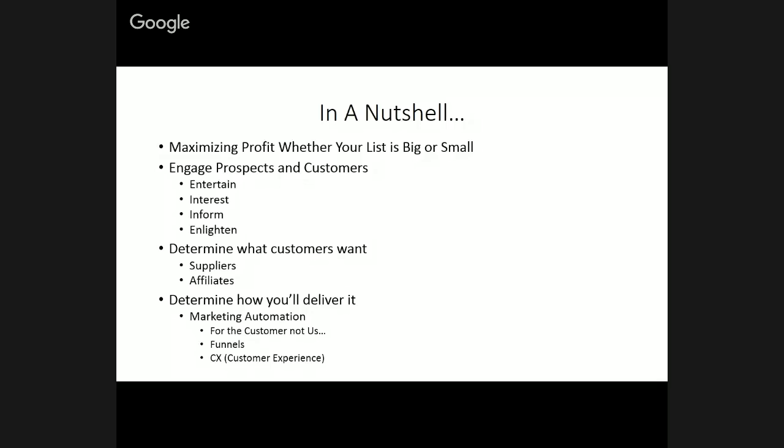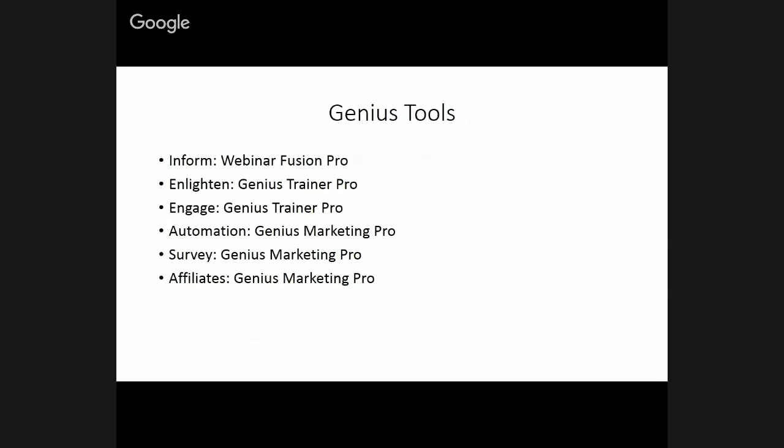It's not just to have a tool to do something cool. So let's talk about genius tools. You use Webinar Fusion Pro for information. One of the benefits of Webinar Fusion Pro is that every time I do a webinar, I create content. The webinar I'm creating right now is going to be content on YouTube.